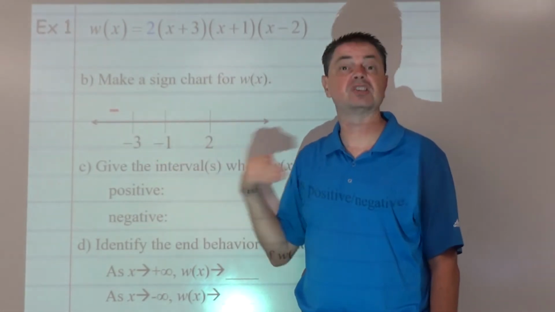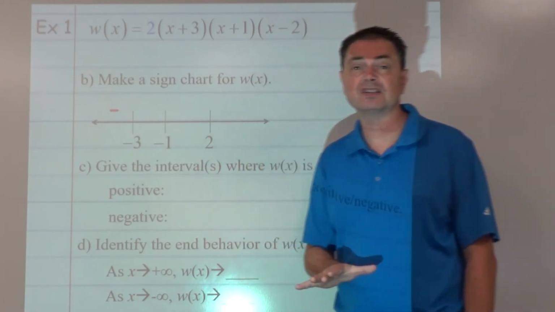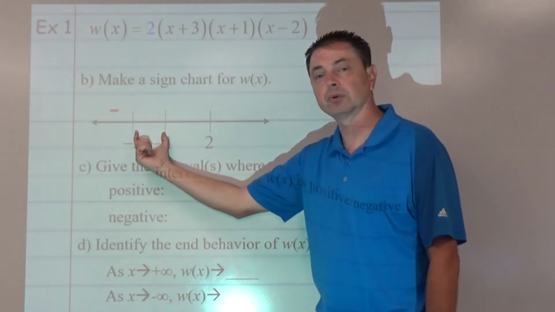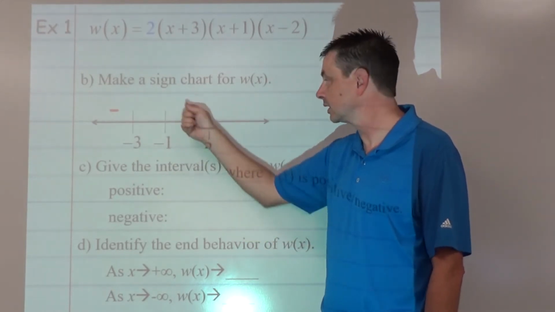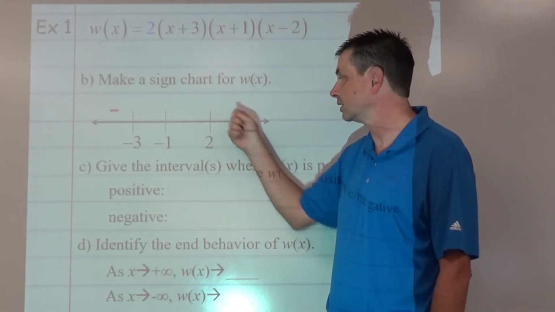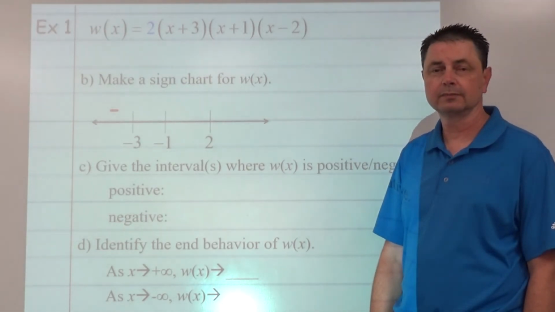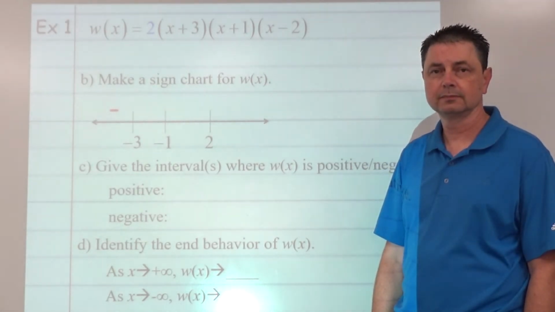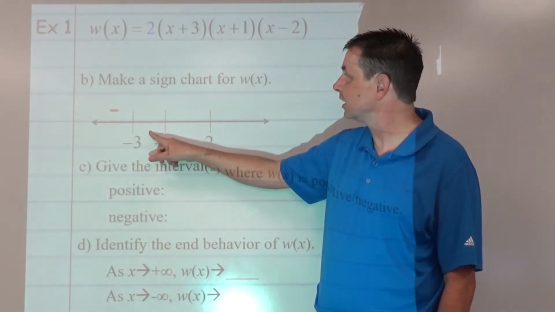Hit equals. You get a negative number. In the sign chart, we just care about positive and negative. So we get negative. Go ahead and pause the video here. Pick a number in this interval. Get the sign. Pick a number in this interval. Get the sign. Pick a number in this interval. Get the sign. Resume when you've got the rest of the sign chart. All right, and here I think we definitely want to choose negative 2.